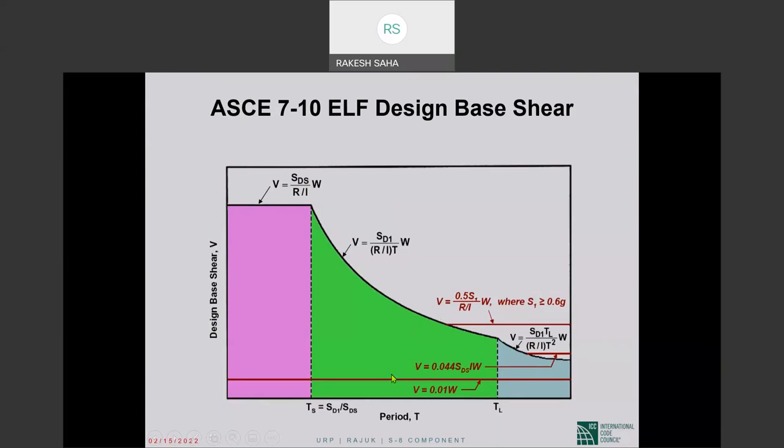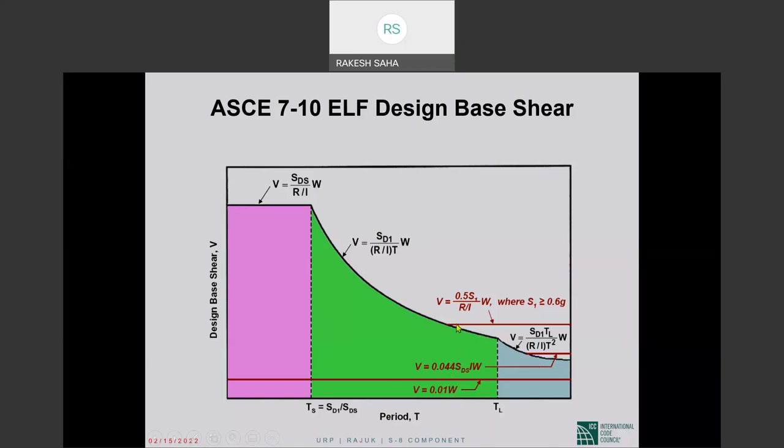And then at the long period end, when 1 over T or 1 over T squared would give us very low design base shears, we impose minimum design base shears. There is a minimum design base shear that is independent of the seismic design category, 0.044 S sub DS times I times W. That would be very low when S sub DS is low, but we don't allow it to go any lower than 1% of the weight.